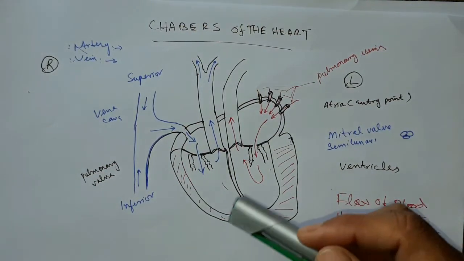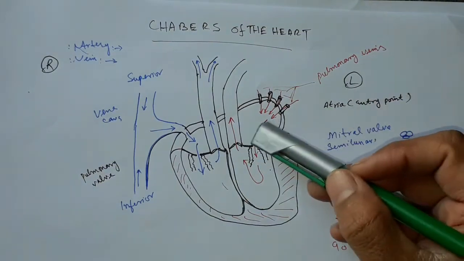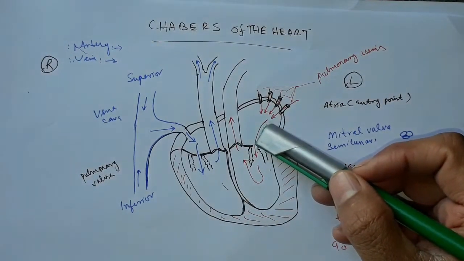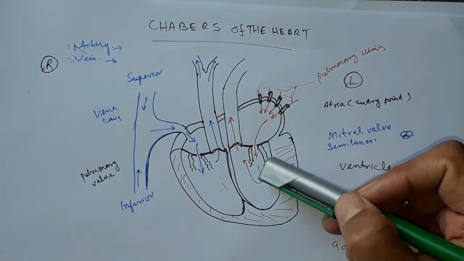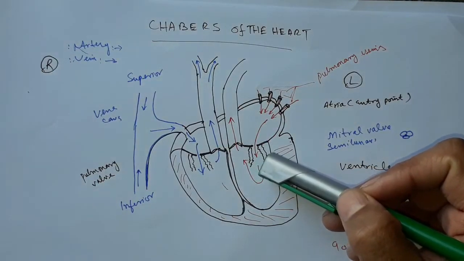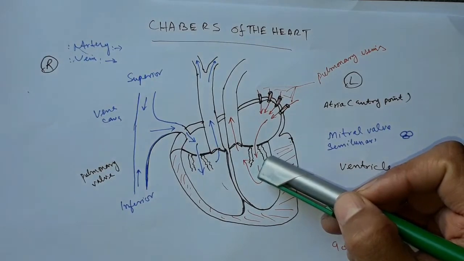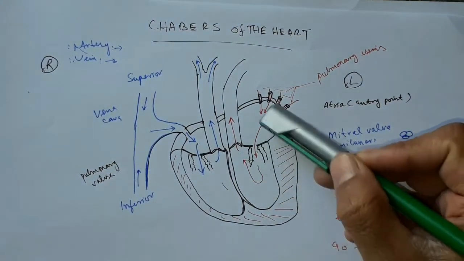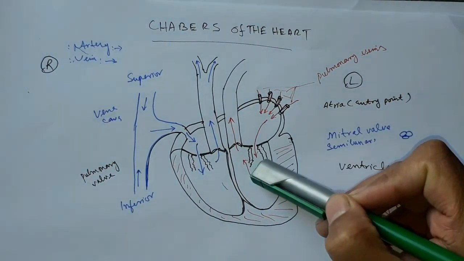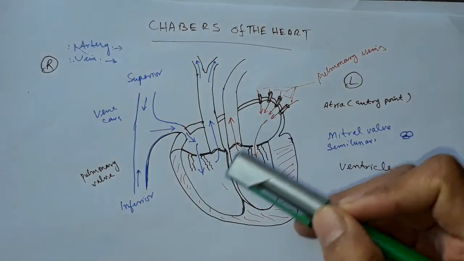or the backflow of blood from the ventricle into the atria, because the main function of the valve is that it allows only one way flow of blood. So the valve allows flow from the atria into the ventricle and not back into the atria.